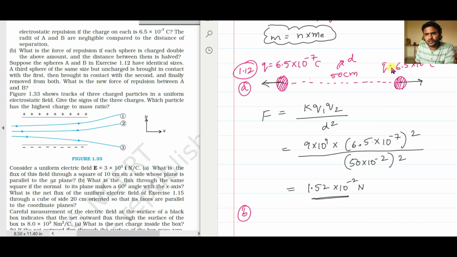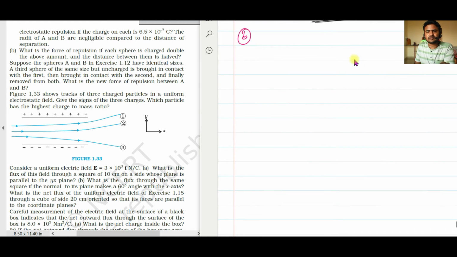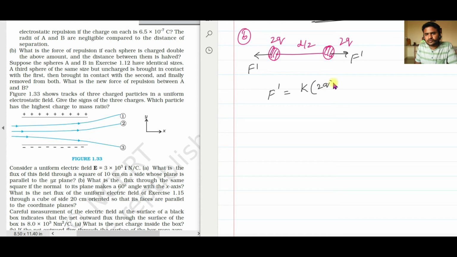Now both the charges are doubled and the distance is halved. So this charge becomes 2q and this charge is also becoming 2q, and the distance between them becomes d by 2. Now the new repulsive force, I'll write it as f dash, is k into 2q into 2q, which is 2q the whole square, divided by d by 2 the whole square.